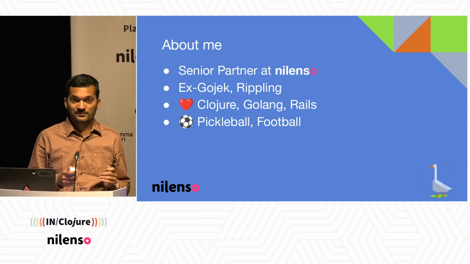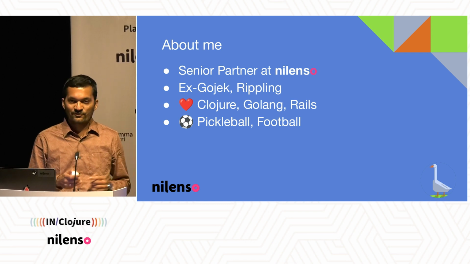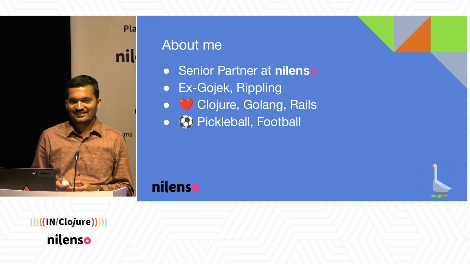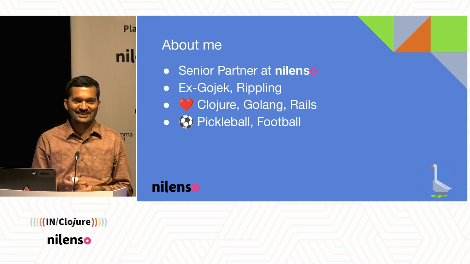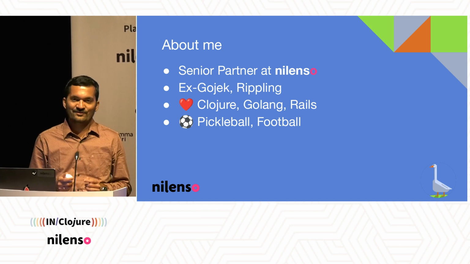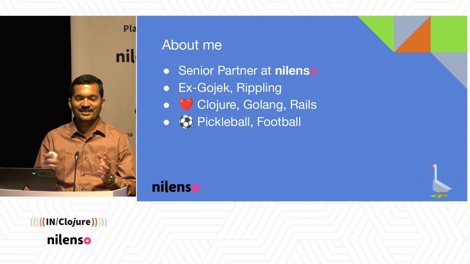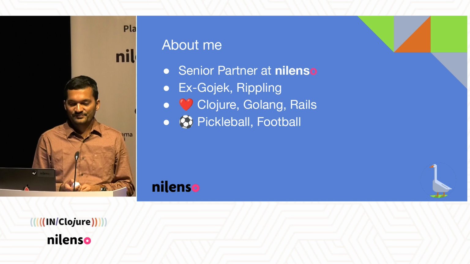So I love Clojure, Golang, and Ruby on Rails. I have worked on all of these languages in production for 2 to 3 years, and they are all dramatically different from each other. I can see some of you smiling. But something which is common in them is that at the core, they are all the same. Simple, non-breaking changes, flexible, powerful, etc.